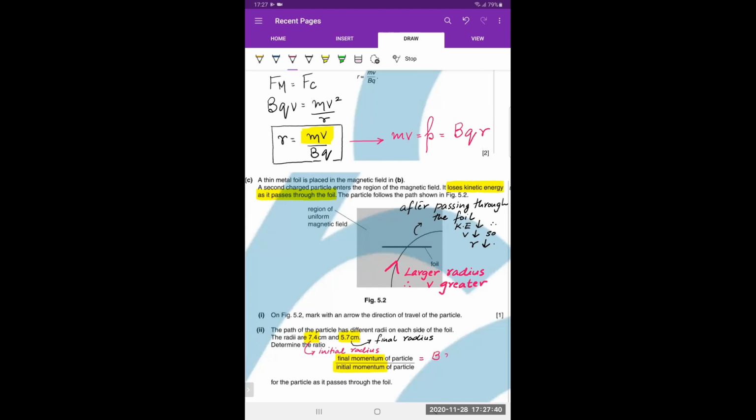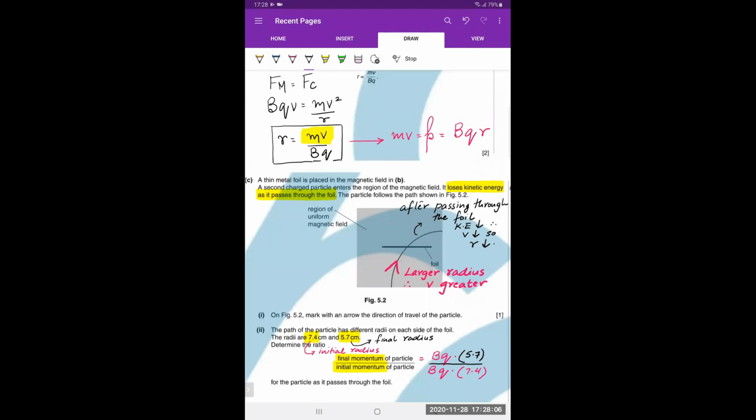So the final momentum will be b times q times the final radius 5.7, the black one, and the initial momentum will be b times q times the initial radius, the so-called red one. So that red value was 7.4. So simplify it.